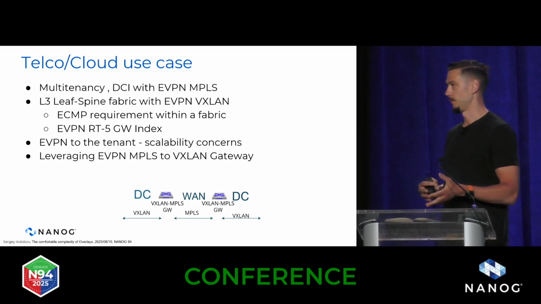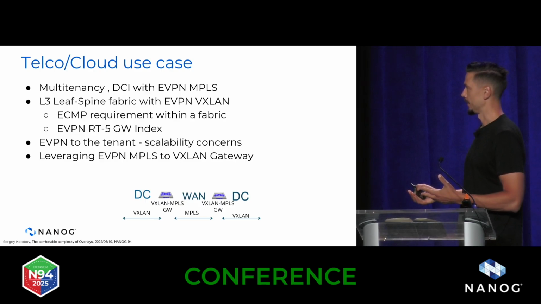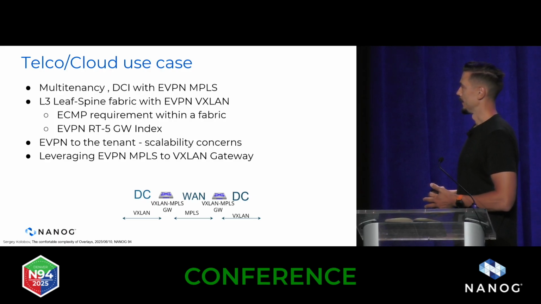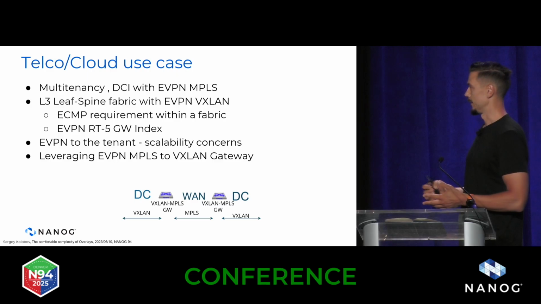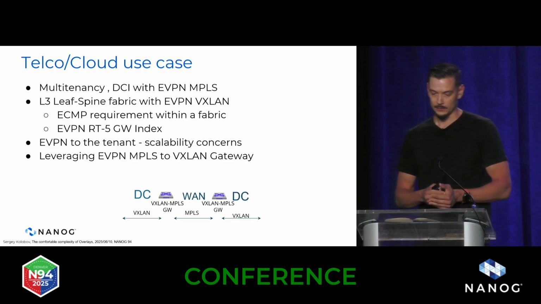Usually it is IP in the data center and MPLS in the WAN, and we need to interconnect them somehow and perform service chaining, and also preserve the original design that we have in a data center and translate it to the rest of the data centers there as well.